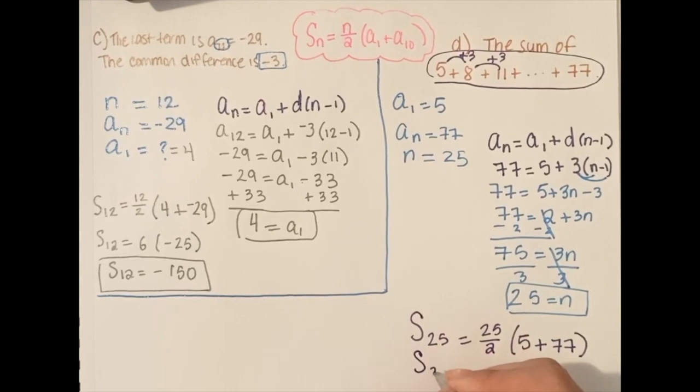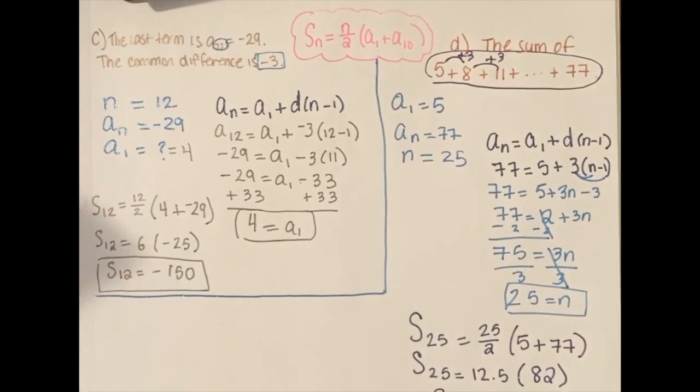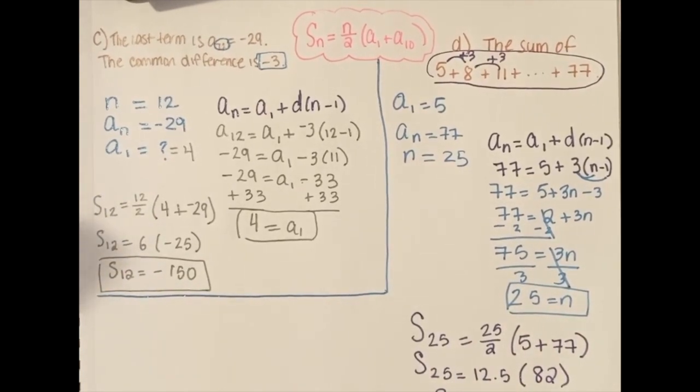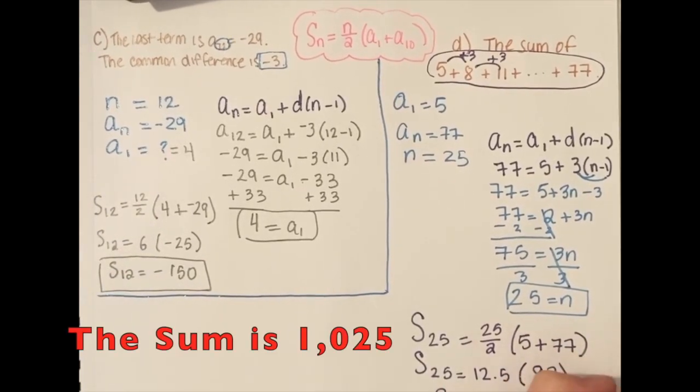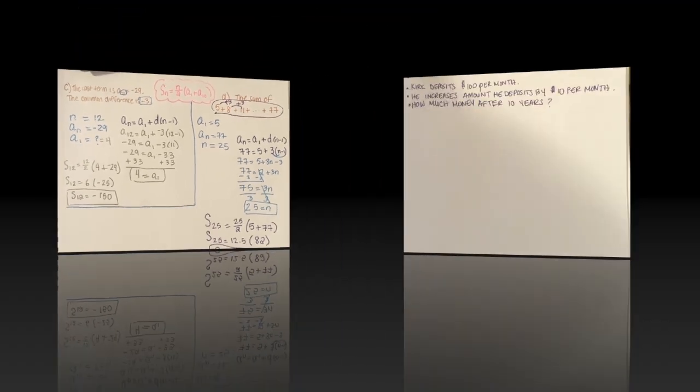So the sum of the 25 terms equals 12.5, right? Because 25 divided by 2 is 12.5 times 5 plus 77, which is 82. And when you actually multiply, you get 1025. So the sum of the sequence is 1025 of the first 25.